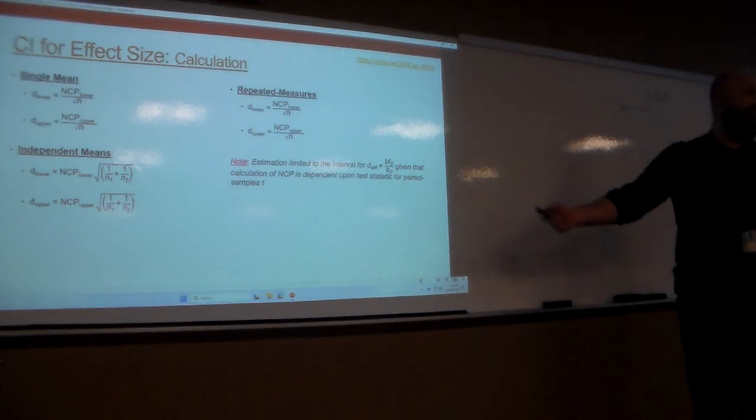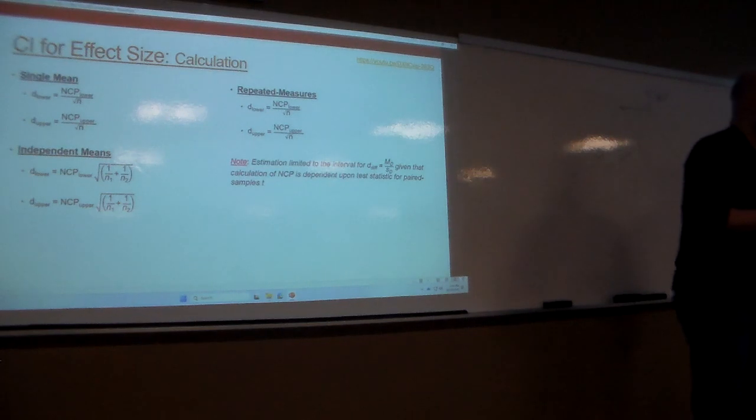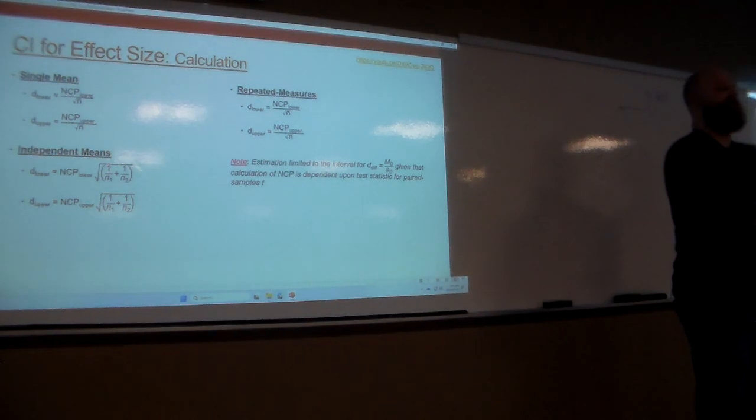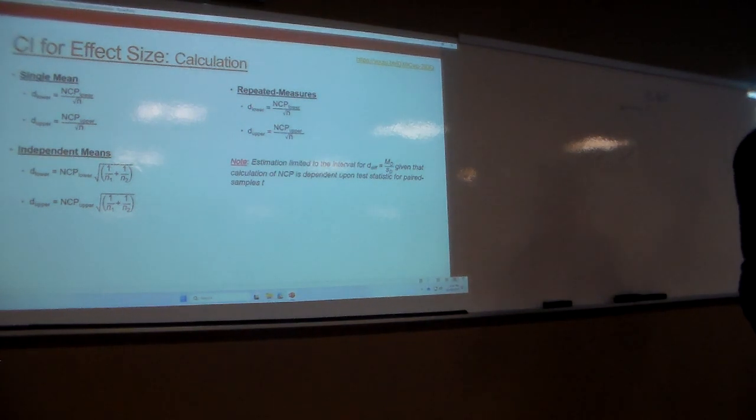For a single sample test, it's easy because it's just the standard deviation of your one sample. For your independent sample test, your point estimate should use the pooled standard deviation that goes into the calculation of your test statistic, and that'll make sure your confidence bounds are centered around the right point estimate.